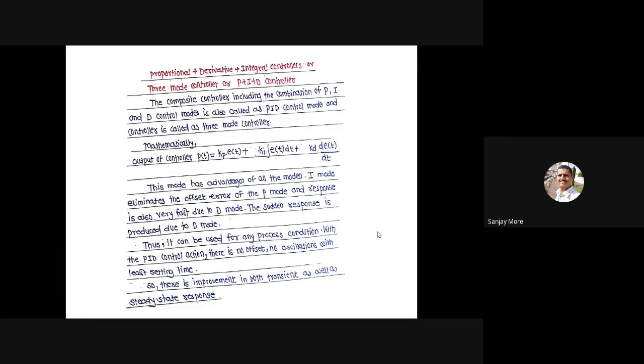That is, Kp, the proportional gain constant, times error, plus Ki, the integral gain constant, times the integration of E of t dt, plus Kd, the derivative gain constant, times d by dt of E of t, the error. This is the combination of the proportional, derivative and integral controllers: the PID controller.